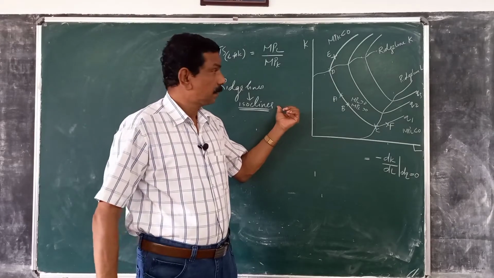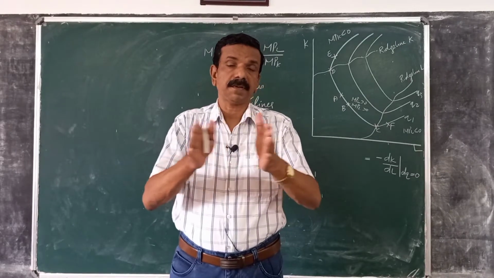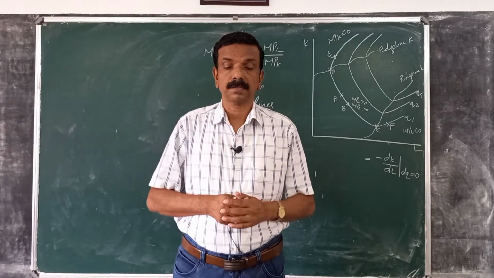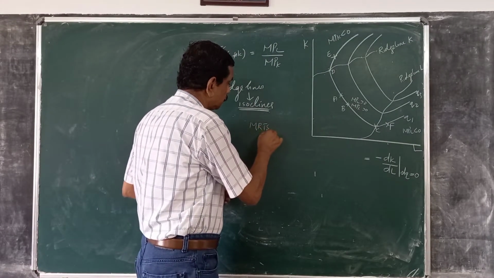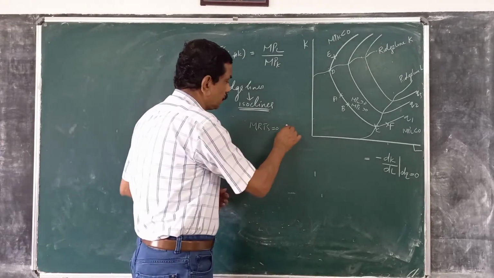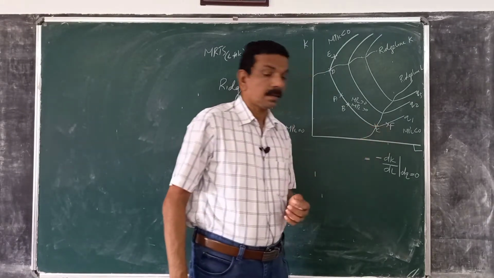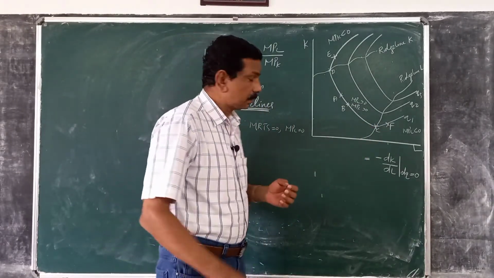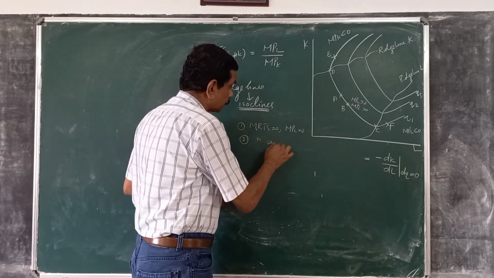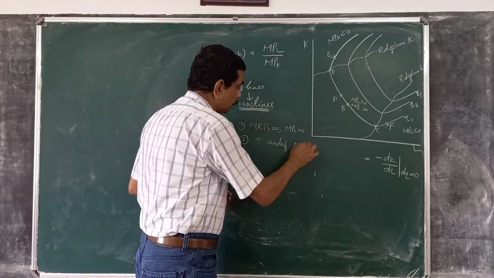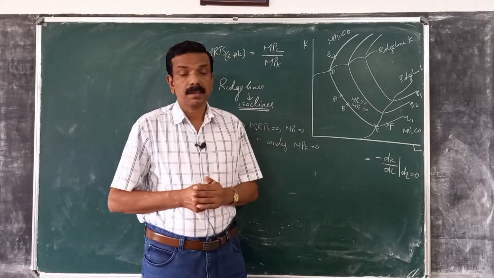Isoclines where MRTS is either 0 or undefined for different levels of output. MRTS is equal to 0 when MPL is equal to 0. This is a point here. MPL is 0 and MRTS is undefined where MPK is equal to 0.